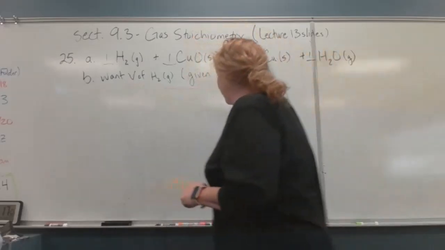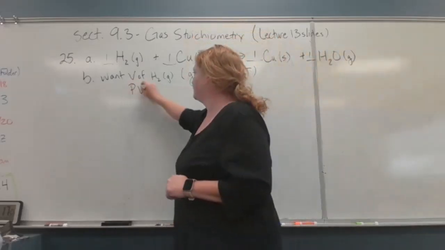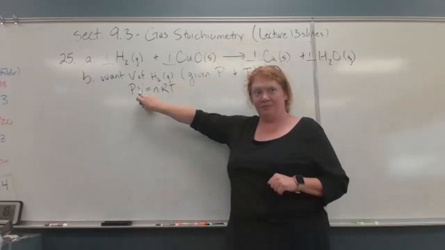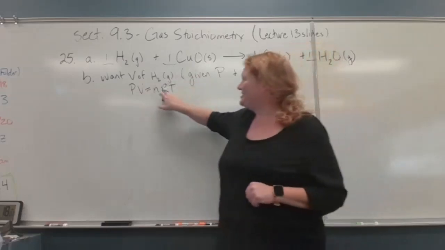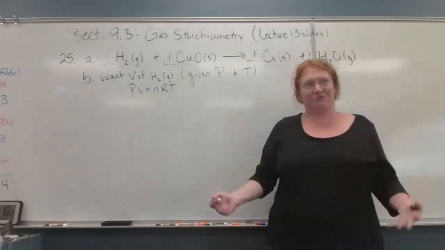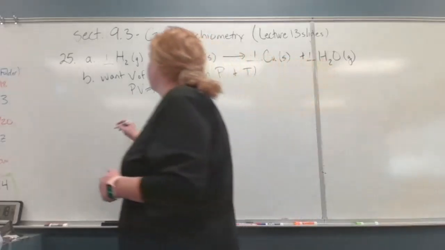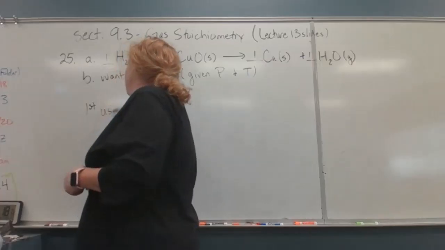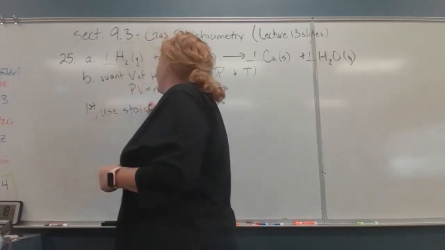Because in order to use the ideal gas law, if I'm going to solve for volume, I have to be given the other 3 pieces of information, or I have to find these other 3 pieces of information. And so the first step is to do a stoichiometry step.